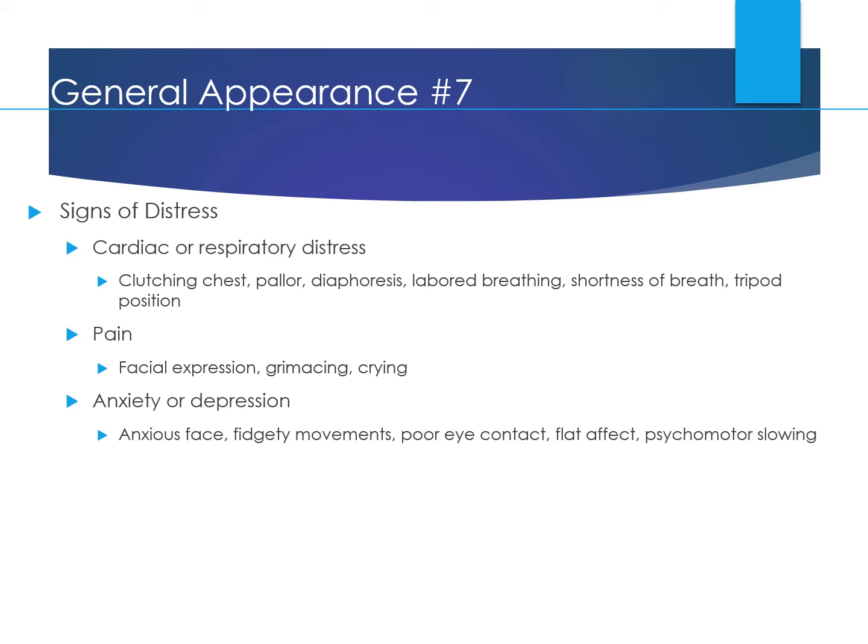Any signs of distress, such as cardiac or respiratory distress: clutching chest, pallor, diaphoresis, labored breathing, shortness of breath, tripod position, for example. If the patient is having any pain, you can see it in their facial expression, like grimacing and crying.